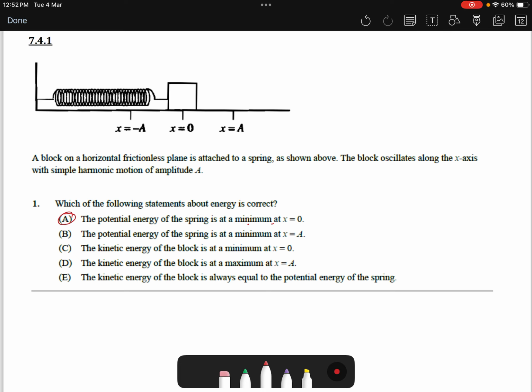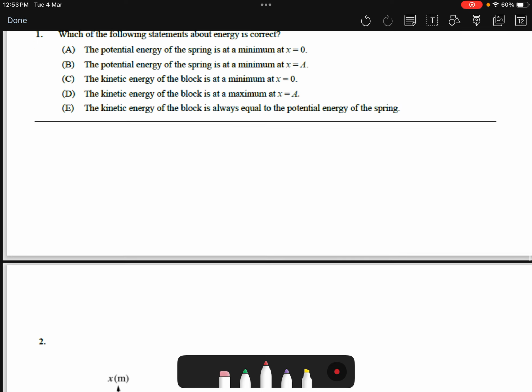At x equals 0, the potential energy is minimum. Actually, it's 0. So yes, that's right. And if you look at the other options, all of them will give us wrong answer, as I explained before.